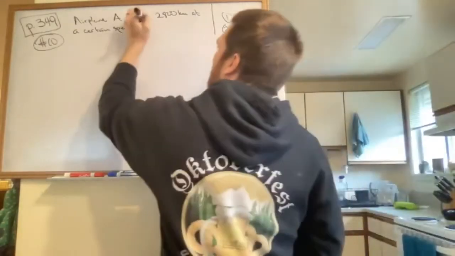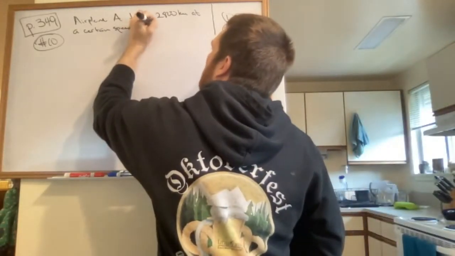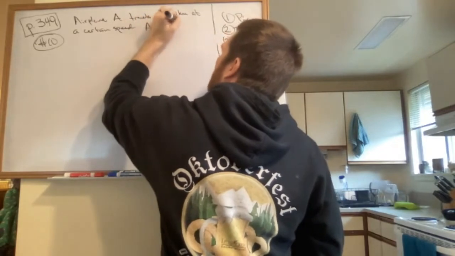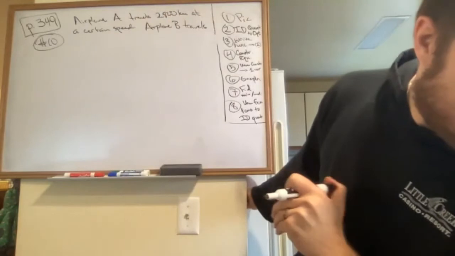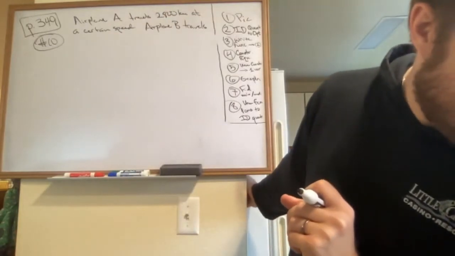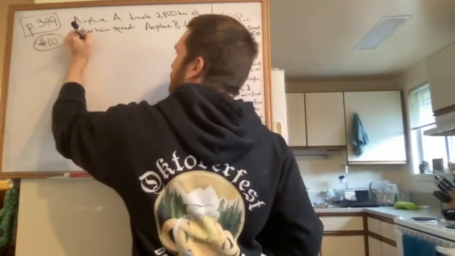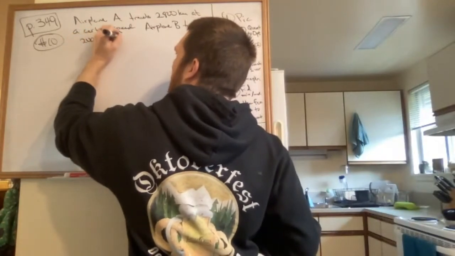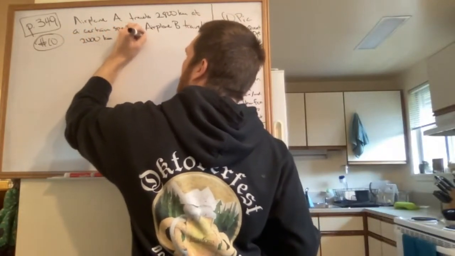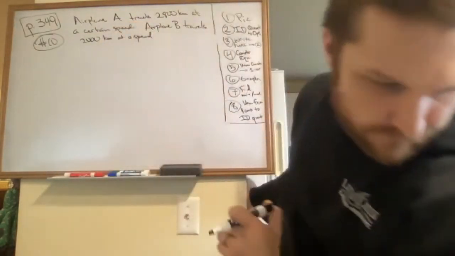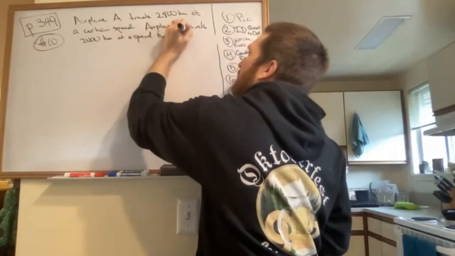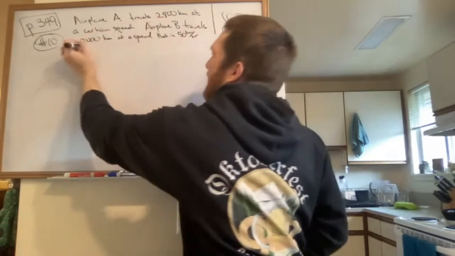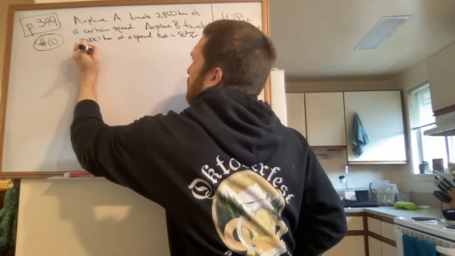Airplane B travels 2,000 kilometers at a speed that is 50 kilometers per hour faster than A.